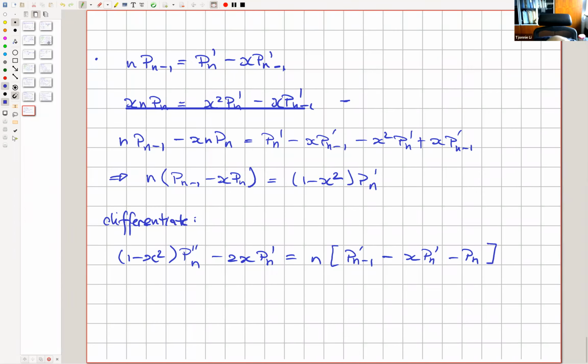Now, this term here is actually one of the recurrence relationships that we had before, which is given over here.